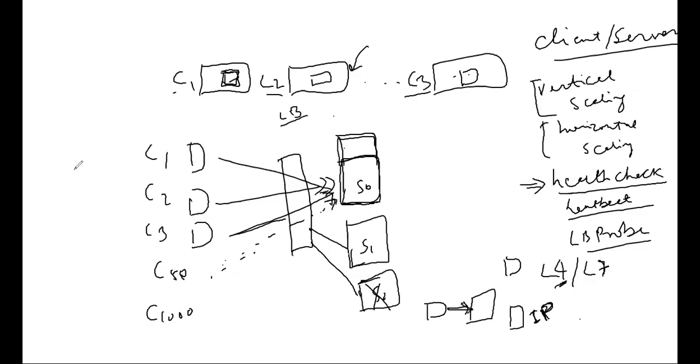It will look at the source and destination IP, and the destination IP is for this load balancer only. It will translate this request with a different destination IP. It will get the response, then change the source and destination IP again to make sure that the client knows the load balancer replied to it.